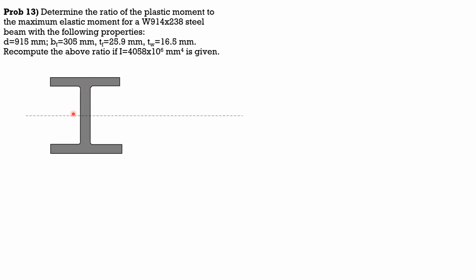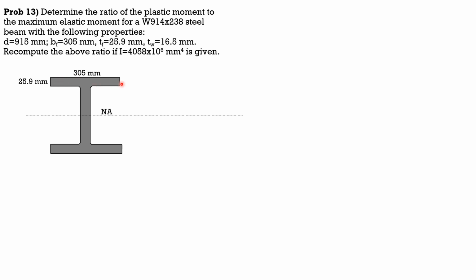So by symmetry, the elastic neutral axis will be this line here, which divides the area into halves, which is also the plastic neutral axis because of symmetry. So that's 305 by 25.9 for elastic action.